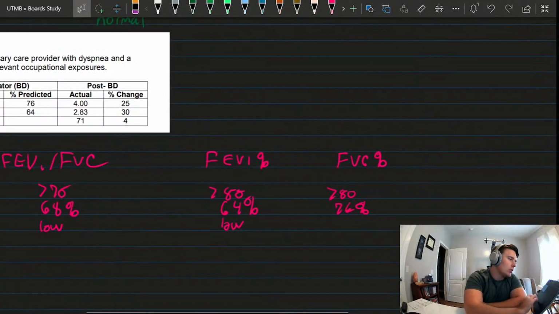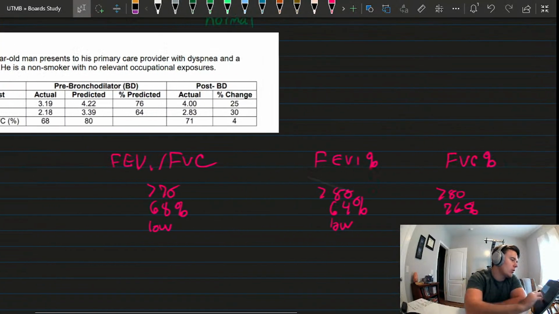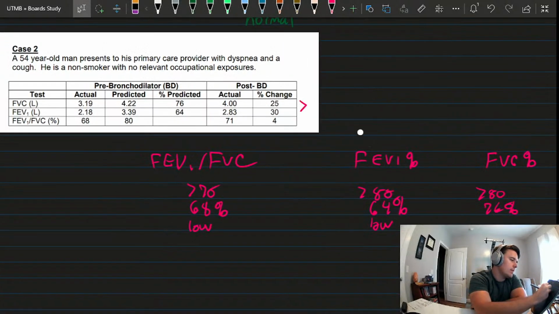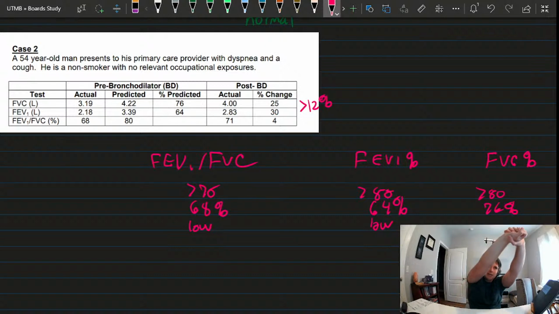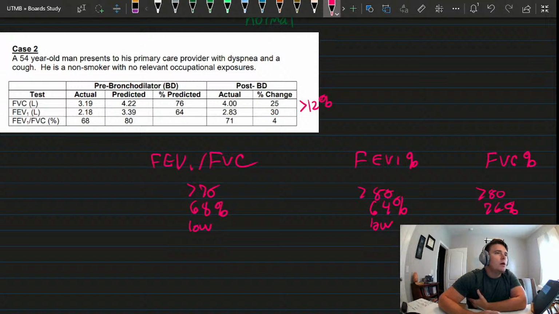So bronchodilator change greater than 12% means that it is a positive bronchodilator response, which, as it says in the PDF, so I'm going with obstructive lung disease.